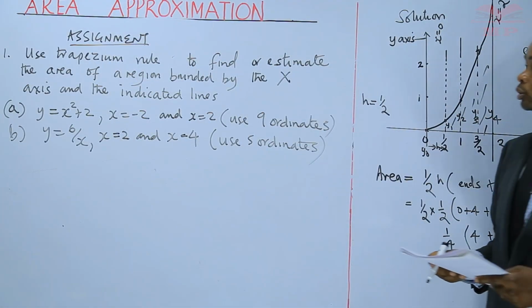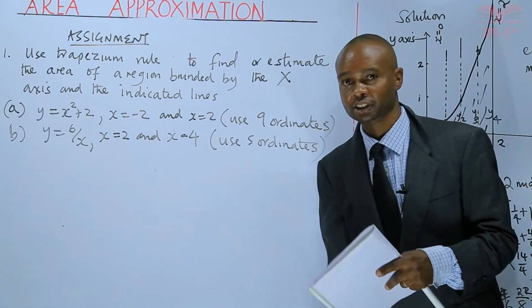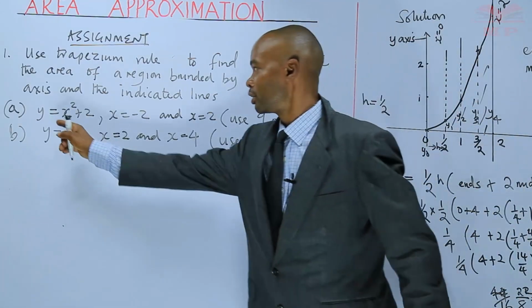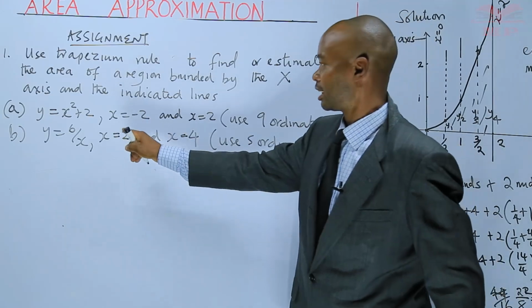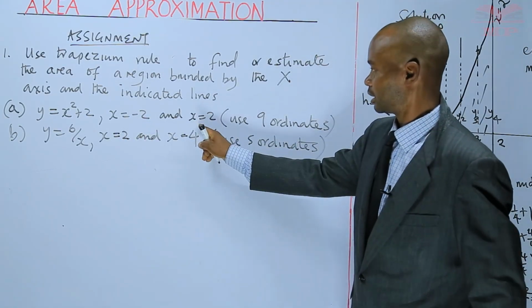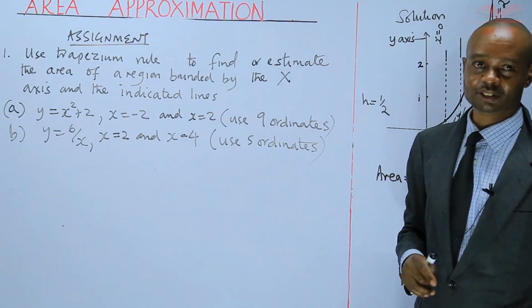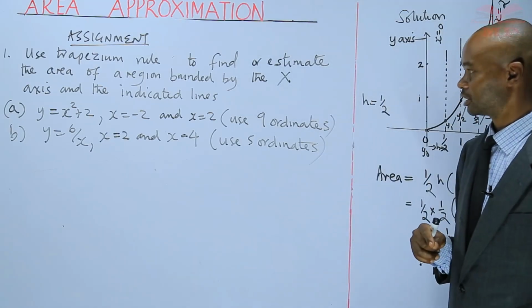Use the trapezium rule to estimate the area of a region bounded by the x-axis and the indicated lines. In A, y is equal to x squared plus 2. That is the curve. The lines are x is minus 2 and x is 2. They are telling you to use 9 ordinates. When you look at 9 ordinates, it means you are having 8 trapezia.